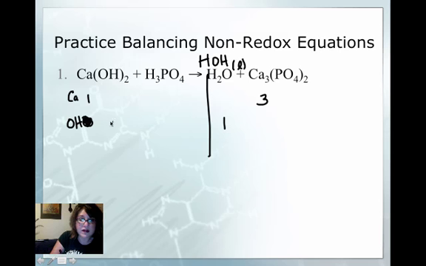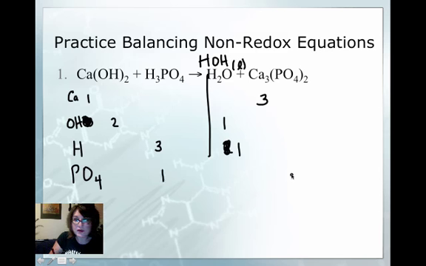That means we have 1 hydroxide here and 2 hydroxides on this side. Hydrogen ions, I've got 3 in the acid, and then only 2 here in the water. No, I have 1, HOH, right? And now phosphate stays together, so I can count it as all one thing. I have 1 here and 2 there.